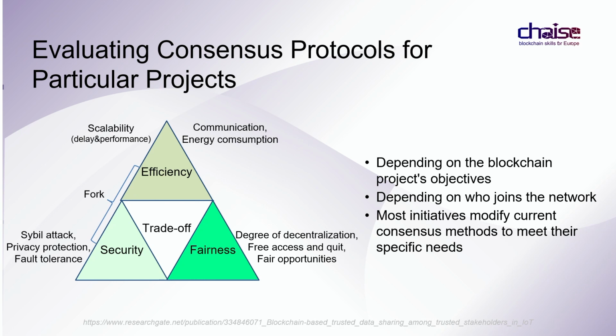The existing blockchain consensus algorithms are scientifically balanced in the three dimensions of efficiency, security, and fairness to suit various scenarios. The 10 metrics of the three dimensions cannot be satisfied at the same time.